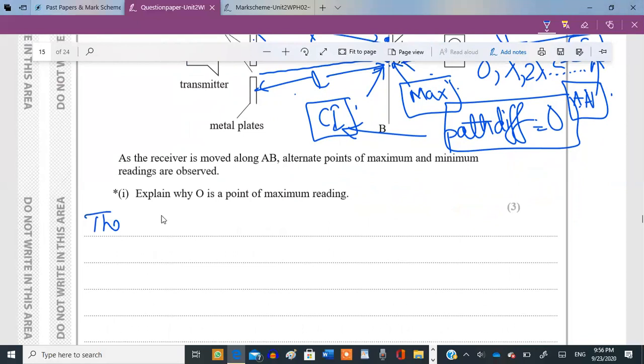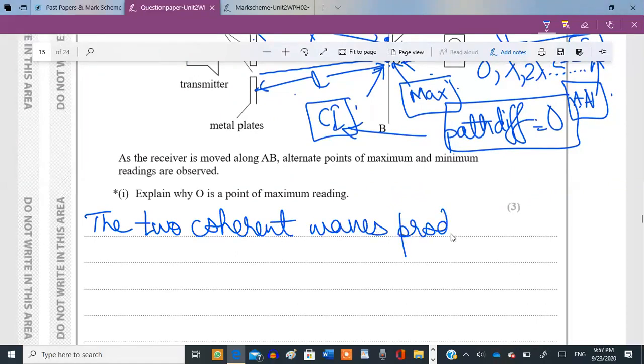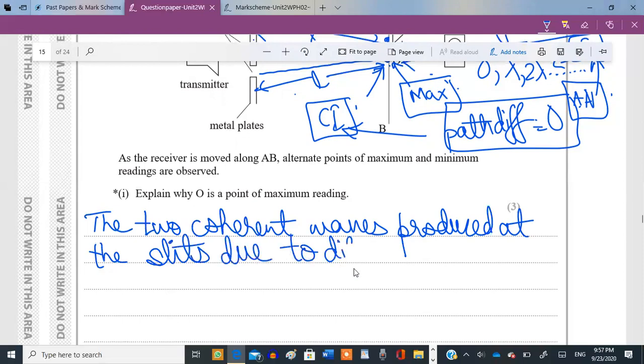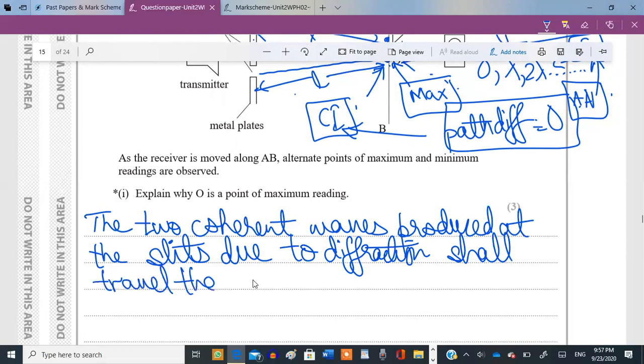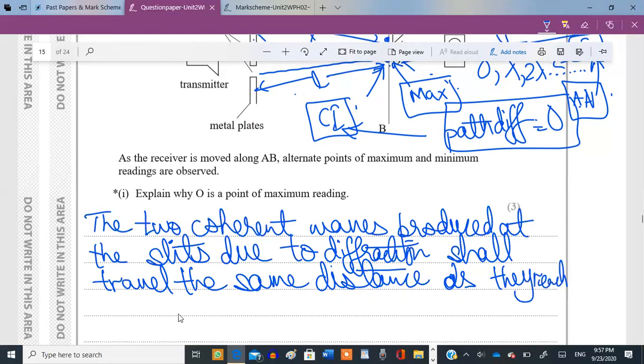The two coherent waves which are produced at the slits due to diffraction shall travel the same distance as they reach O, or will travel equal distances as they reach O. So path difference is going to be 0.